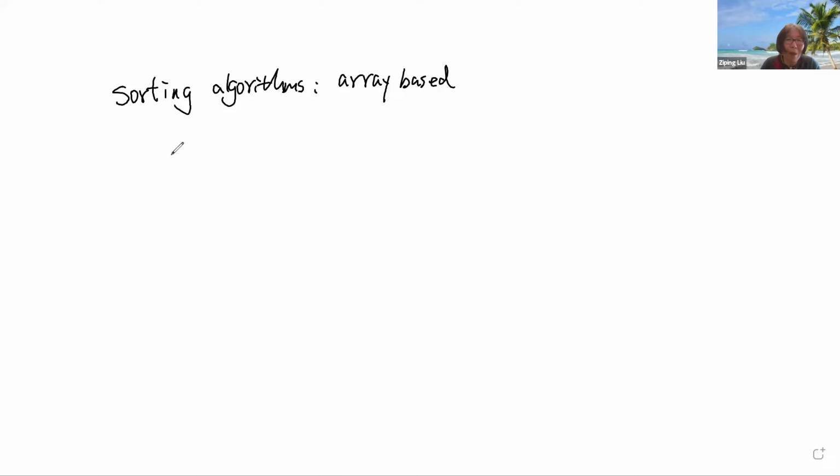If you want to read a textbook, it's chapter 23, I believe. The very first sorting algorithm we are going to discuss is called bubble sort. Another name is exchange sort.